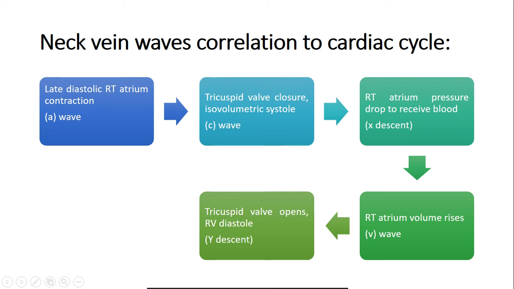This is the X descent. Then the right atrium volume will rise to give us the V wave. Then the tricuspid valve will open again to allow the blood to pass from the right atrium to the right ventricle, giving us a downward wave, which is the Y descent, and so on. The cycle will continue. Right?